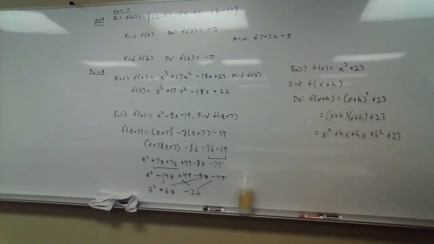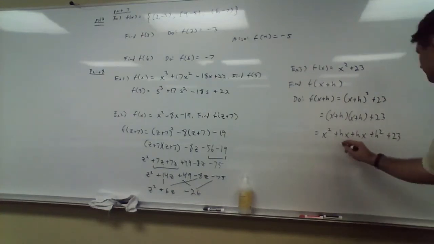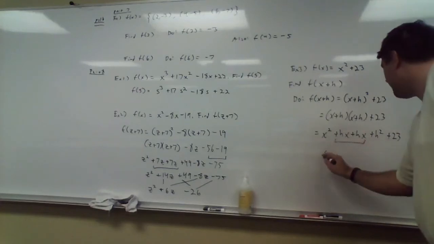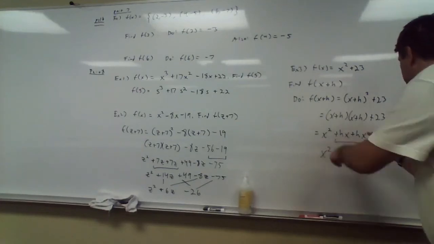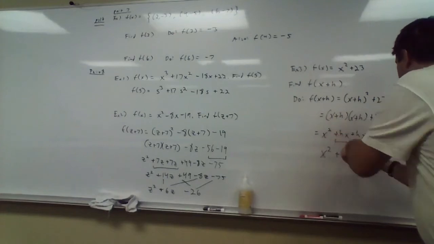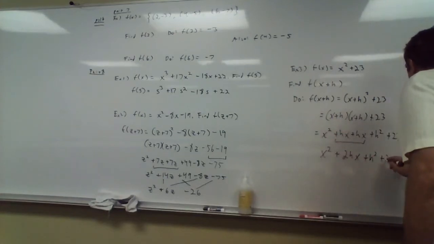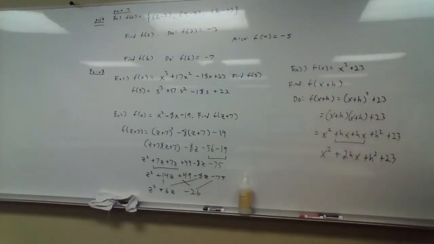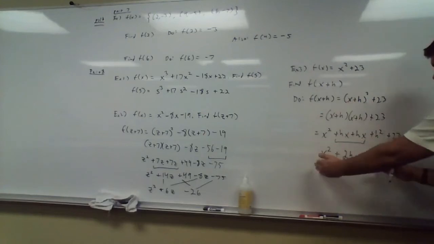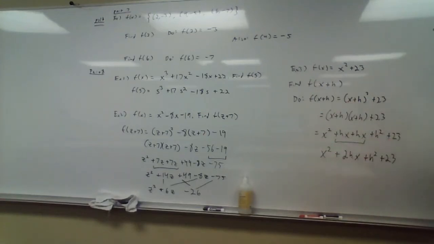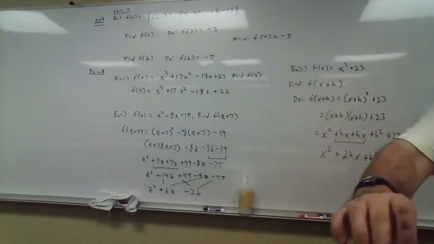There is one simplification that can be done. These two: x squared plus hx, another hx is 2 hx's, plus h squared plus 23. Okay? This is actually an important fact. x plus h squared is equivalent to that. I'll put that on the top of the board, and we'll proceed from there after I clear the board.